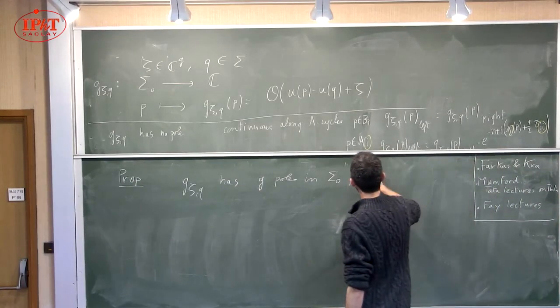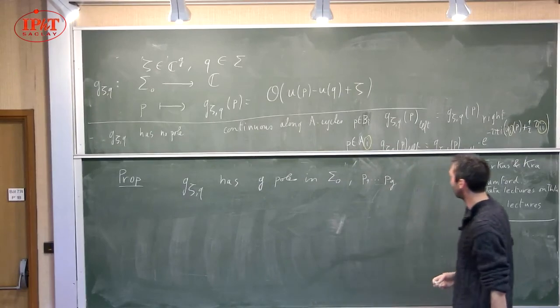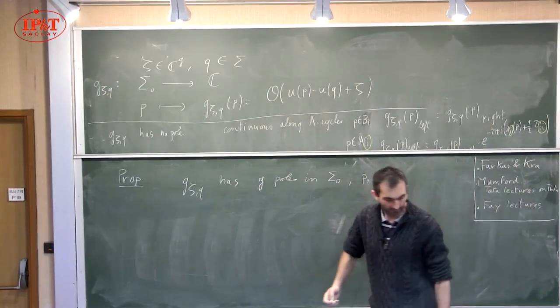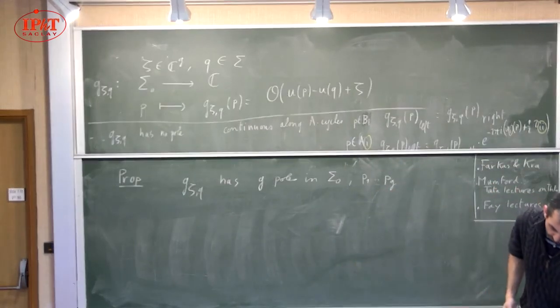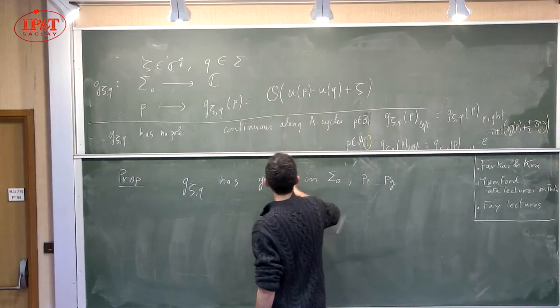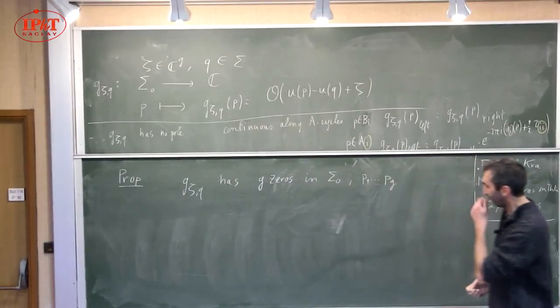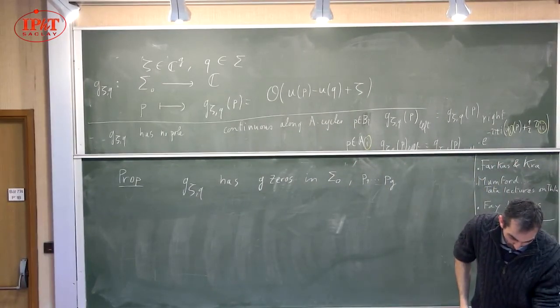Let's call them P1, ..., Pg. And we shall have a property. Zero, sorry, zeros, of course, sorry. It's sigma 0, and the property is that.